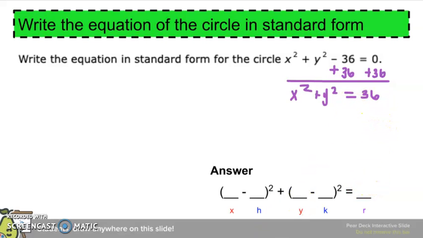So here, now I'm going to do a second step, which is take the square root of my radius, which is 6. So my final equation is going to be x squared plus y squared equals 6. And this would be the equation for my solution.